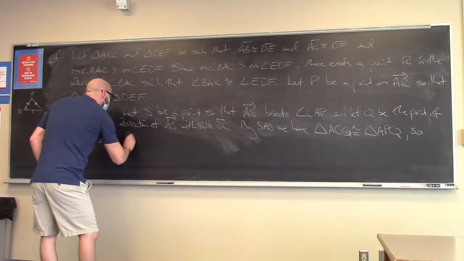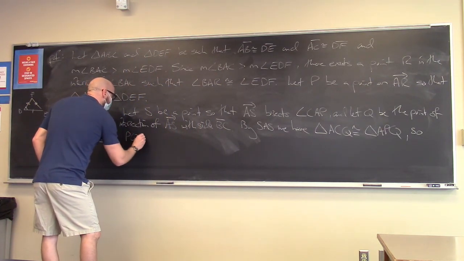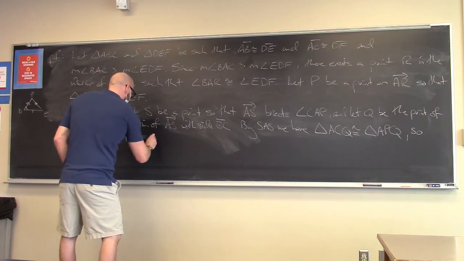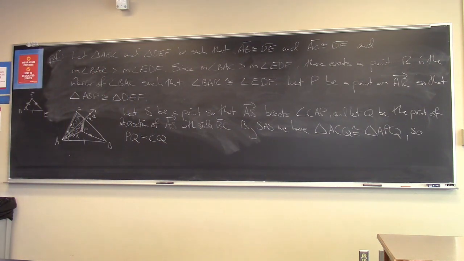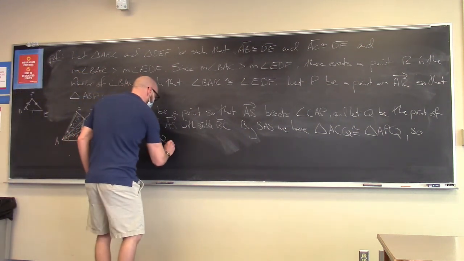So PQ is the same length as CQ. And I think we have it now. I think we can finish this. All we have to do is invoke the triangle inequality.